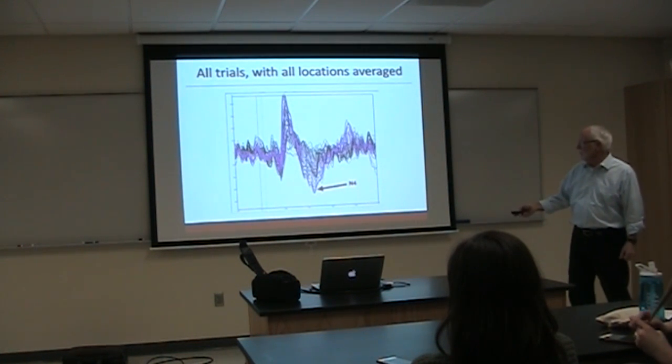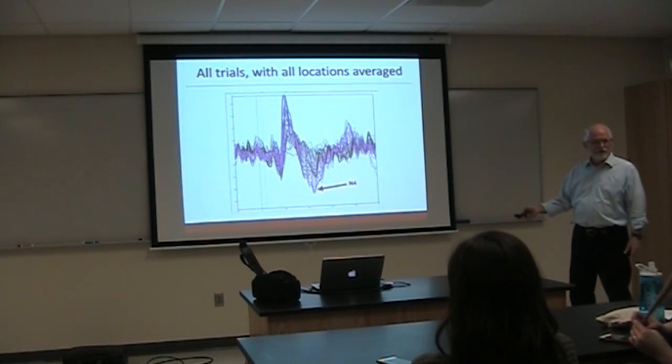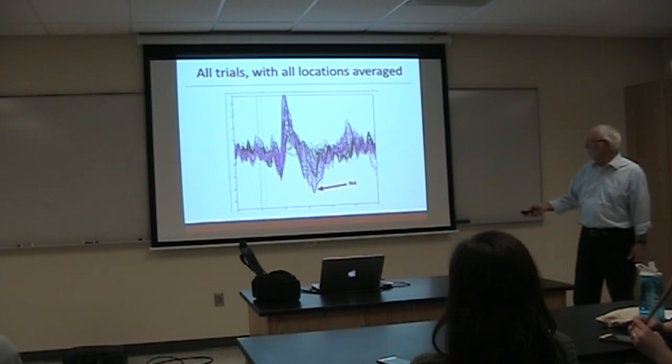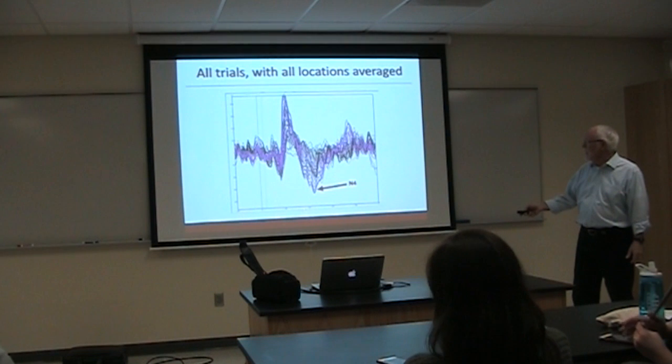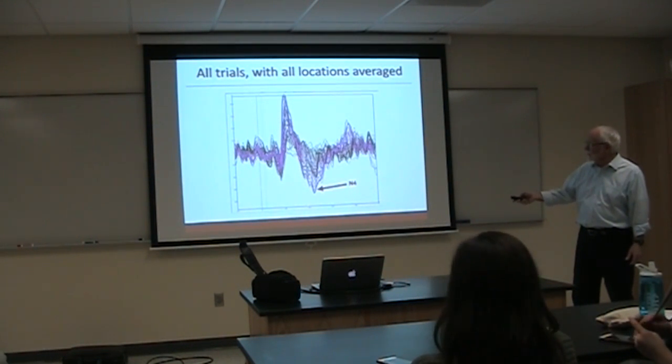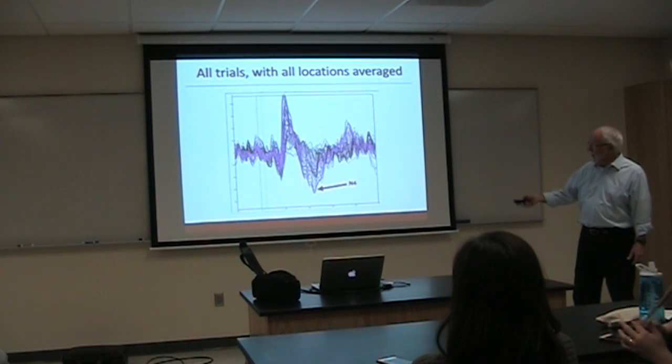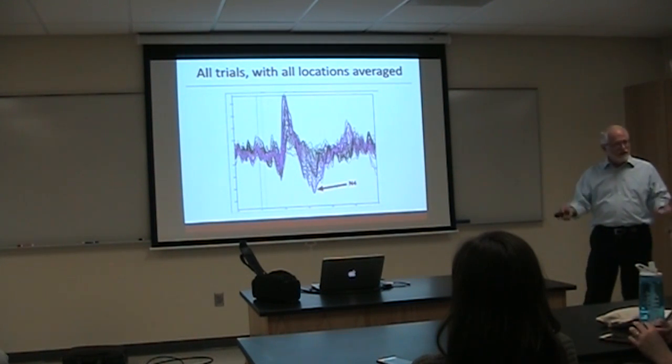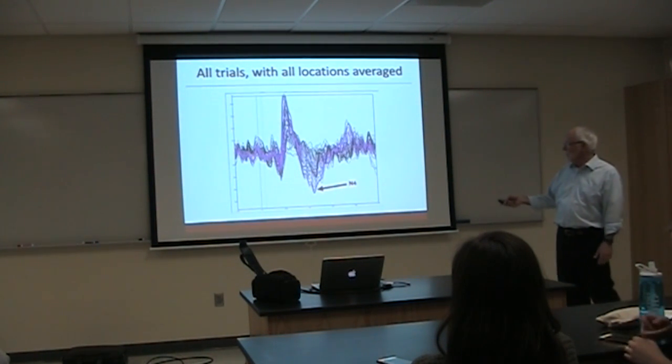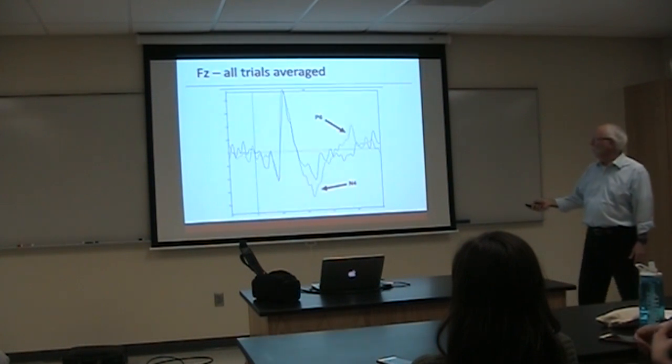And so here is the moment of truth, the 0 point. Here's 200 milliseconds later, so this would be N2. Here's 400 milliseconds later. And so all this downward deflection is actually starting at about 300 or 350, but in most cases it's most noticeable around 400, so we call it N4 or N400.